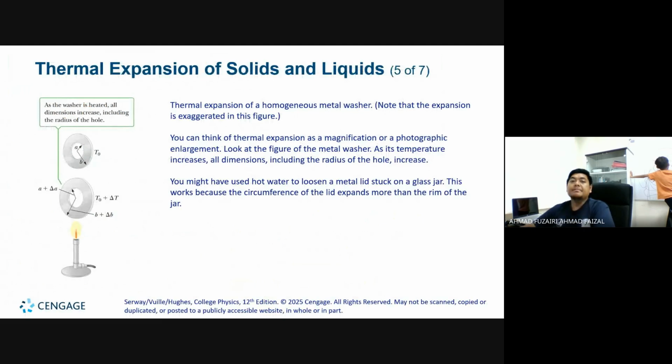Okay, we go quickly. Now we go to the thermal expansion of solids and liquids, the second part, which we call area expansion.